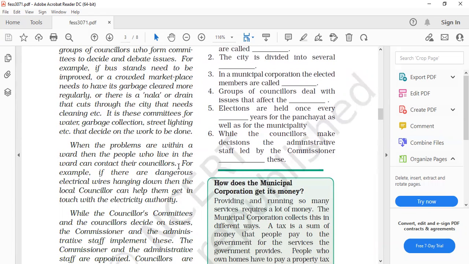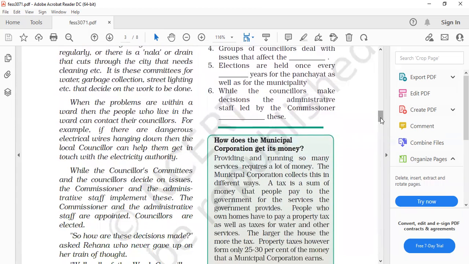When the problems are within a ward, the people who live in the ward can contact their councillors. For example, if there are dangerous electrical wires hanging down, you can write that this is the responsibility taken by the ward councillors. And you can write these things also, that while the councillor committees and the councillor decide on issues, the commissioner and the administrative staff implement this.